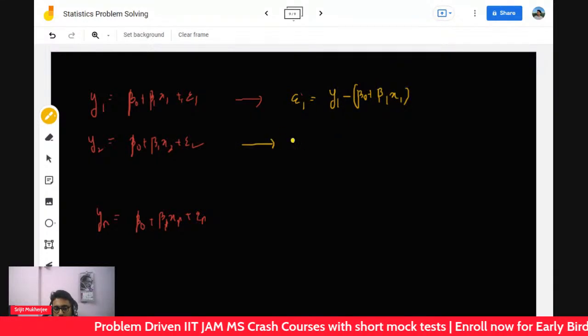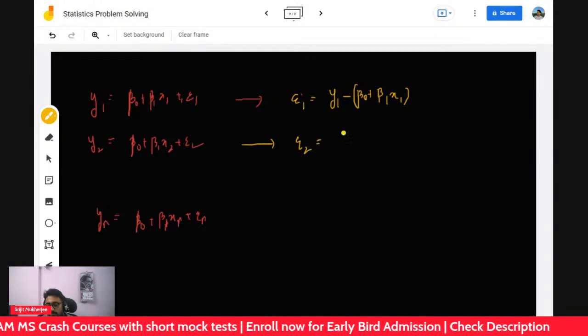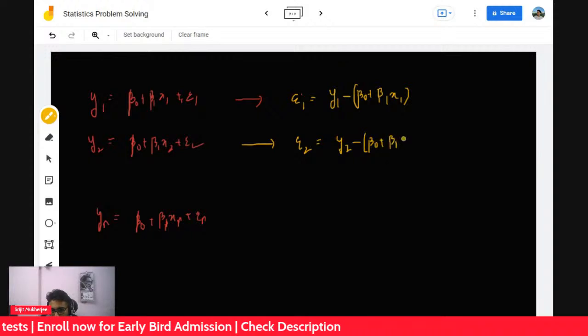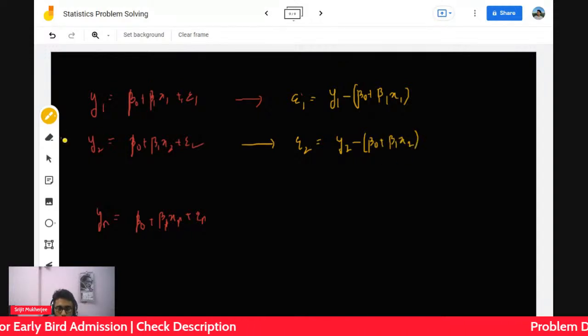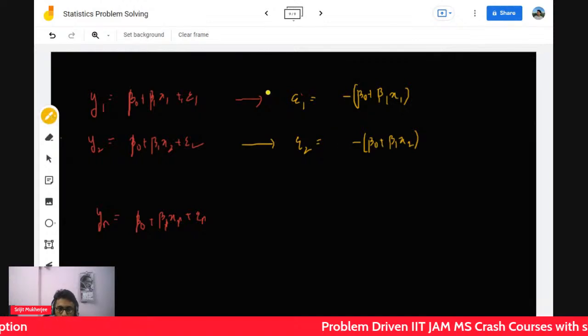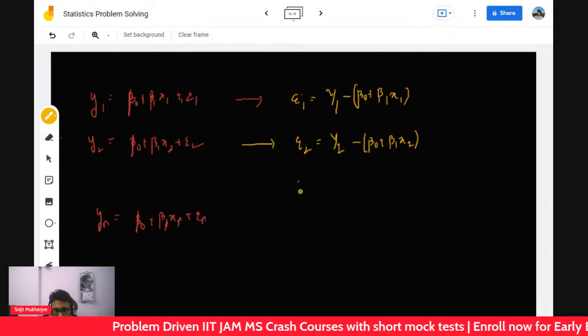That is the expected error, but this is a random variable. Remember, y1, y2 are all random variables. This is something we have observed, and it goes on.